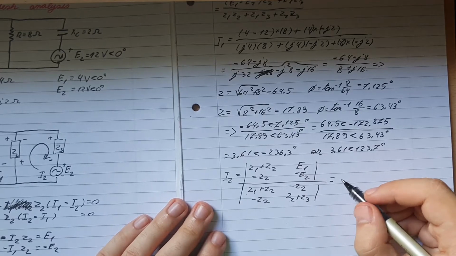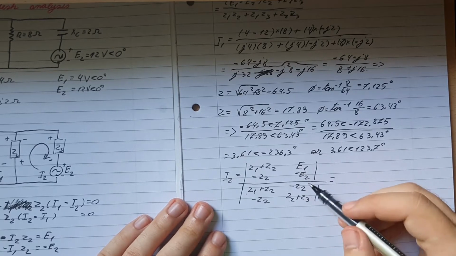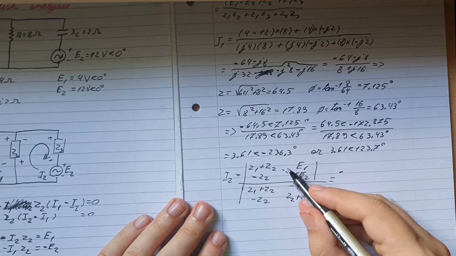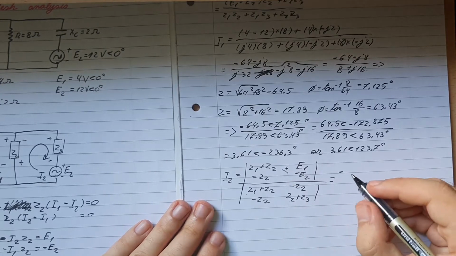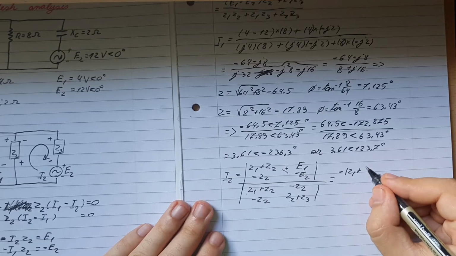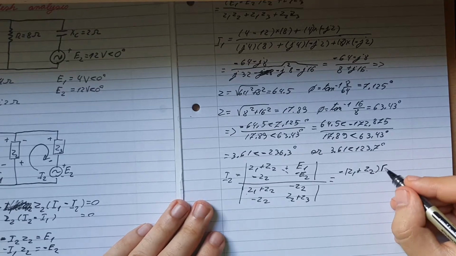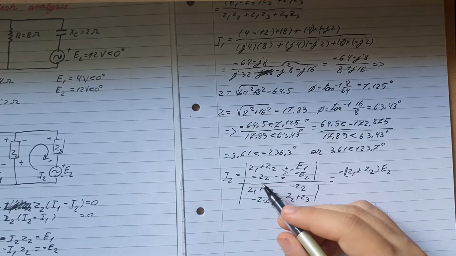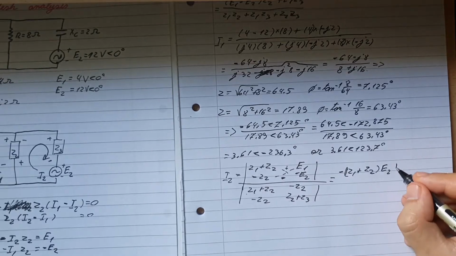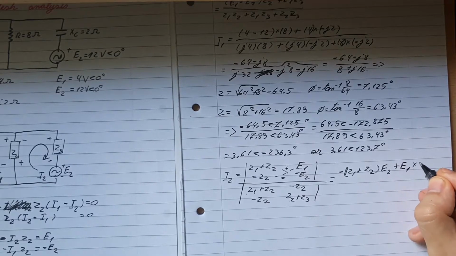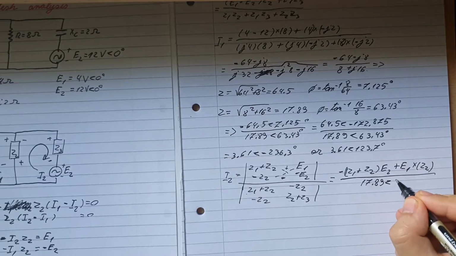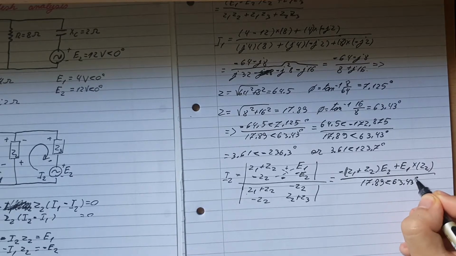Now we multiply this, so that will be minus, because it's a negative value and the multiplication on this side is a plus value, that will be minus Z1 plus Z2, E2 multiplied by E2, and then this one is a negative multiplication, but because it's a minus on this side, we can simply write it as plus E1 multiplied by Z2. Then all of it divided by 17.89 at an angle of 63.43 degrees.